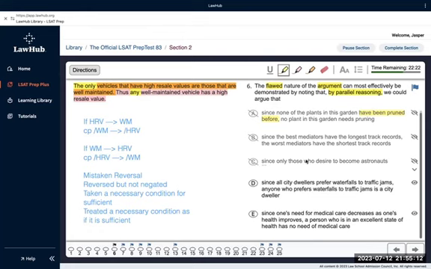Since all city dwellers prefer waterfalls to traffic jams, anyone who prefers waterfalls to traffic jams is a city dweller. So do you see the reversal that's happening there? I'm going to do a little color coding here to show that reversal. So vehicles that have high resale values, and here we have high resale value, and then well maintained on this side and well maintained here.